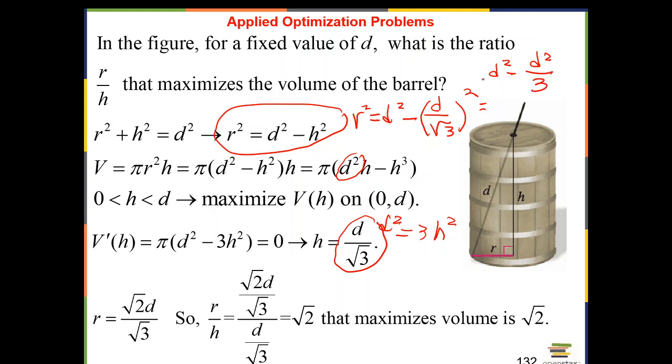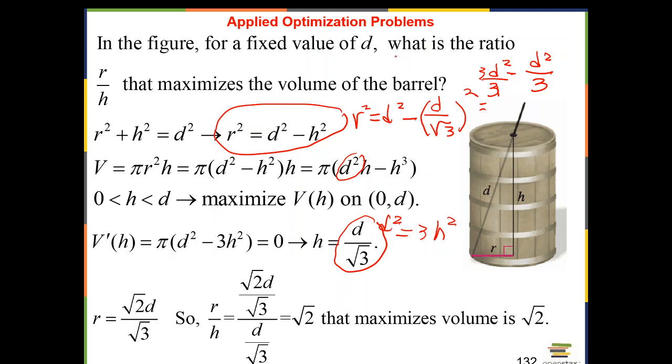Now think of this as a denominator of 1. So if the denominator of this is 3, this would be 3, and this is 3. So 3d squared over 3 minus d squared over 3. So that would be 2d squared over 3, right? So that's our r squared.